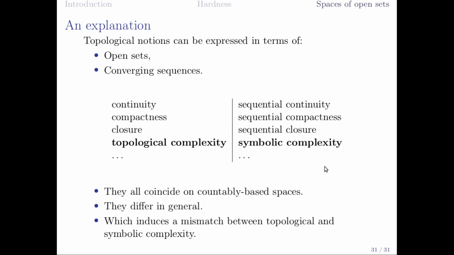So the complexity of an algorithm testing a set is more related to the sequential aspects of the space rather than to the topological ones. But this suggestion remains to be investigated further to give more evidence about this intuition.